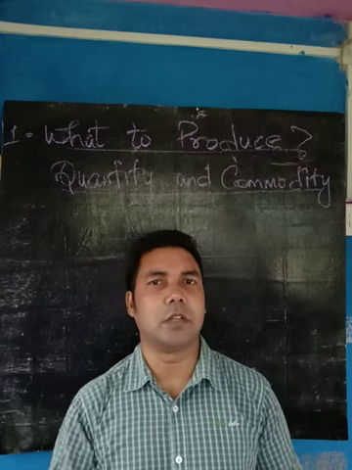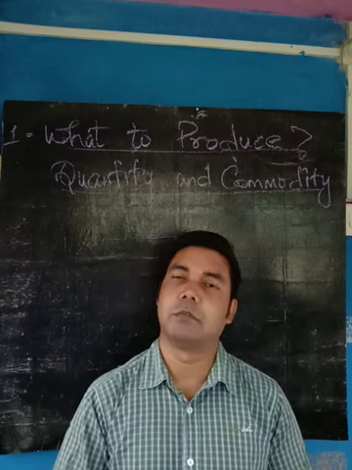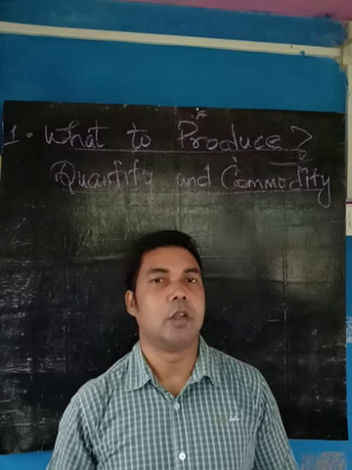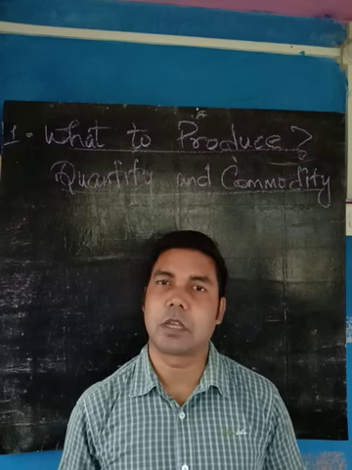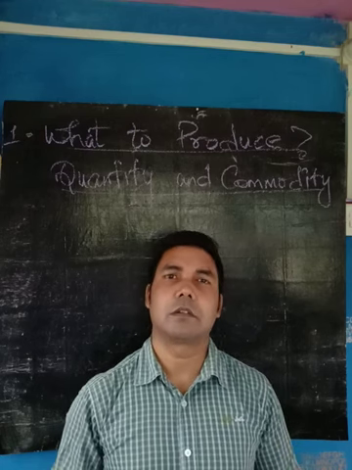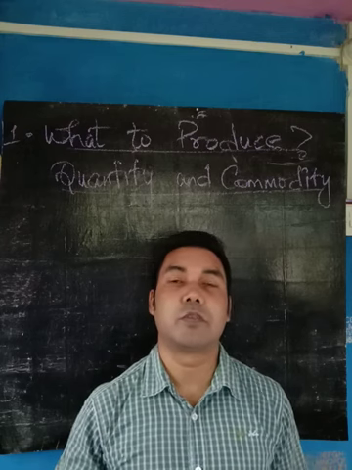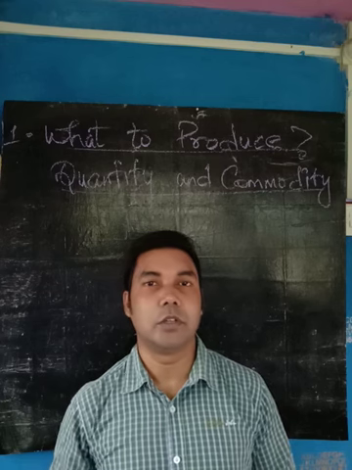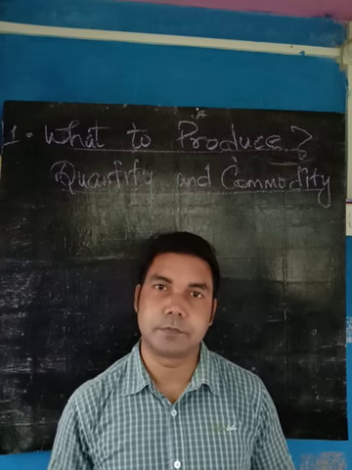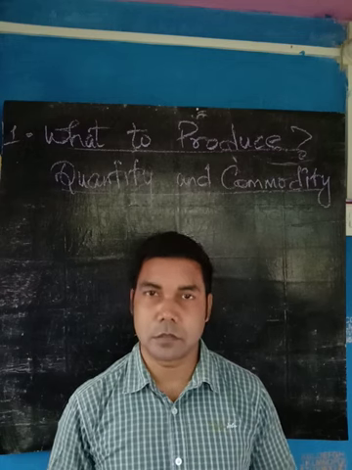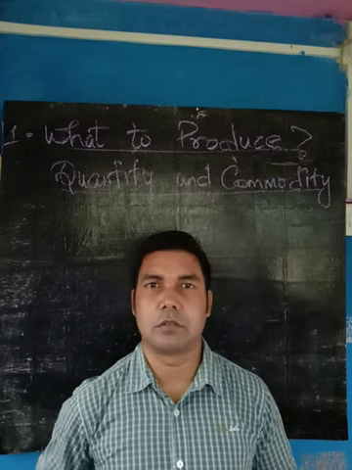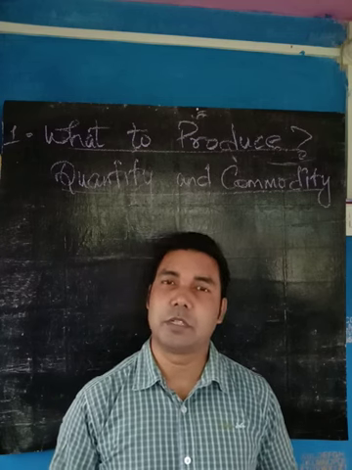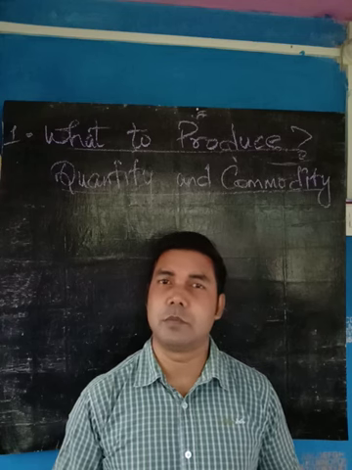If the population of the country belongs to the middle class, then much importance will be given to normal goods, comfortable goods and all. And if the population of the country belongs to the higher classes, then preference will be given to luxurious items, like cars, jewelries, imported furnitures, costly furnitures, costly mobile phones and all.